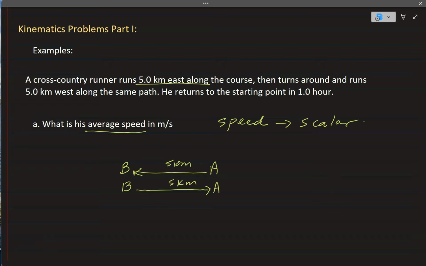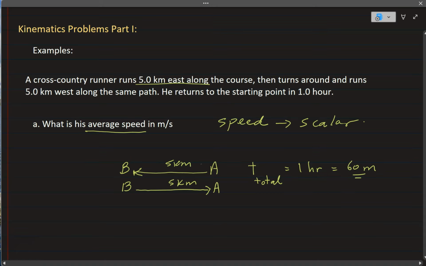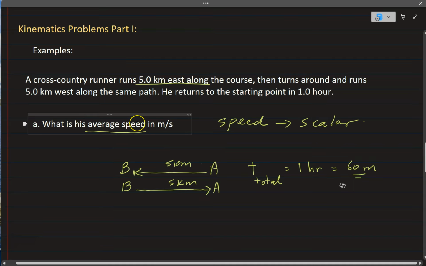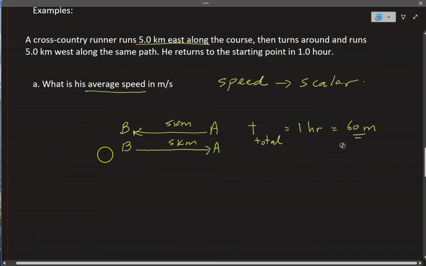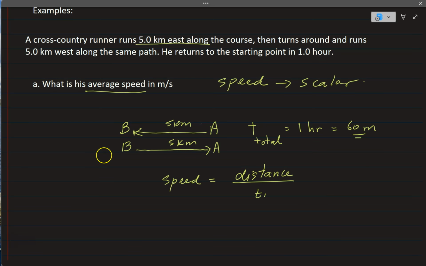Okay, so by the way, the total time, T total, is 1 hour, 60 minutes. And the question is, what is the average speed? Now remember, average speed is simply total distance divided by time.